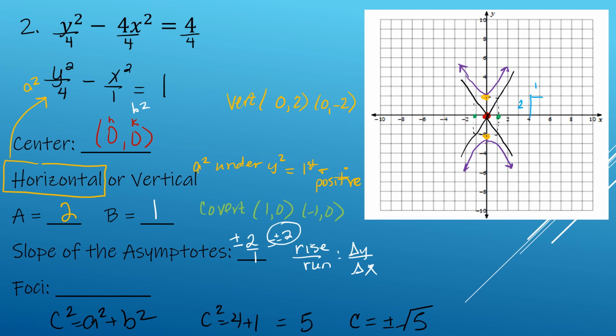And in this case, because we have a vertical hyperbola, we are going to add our c value to the y coordinate of the center. So our center was the point 0, 0. So I'm going to have 0, comma, 0 plus and minus the square root of 5, or if you want to write that a little bit easier, you can just write 0, comma, plus and minus the square root of 5. Either of those two mean the same thing.